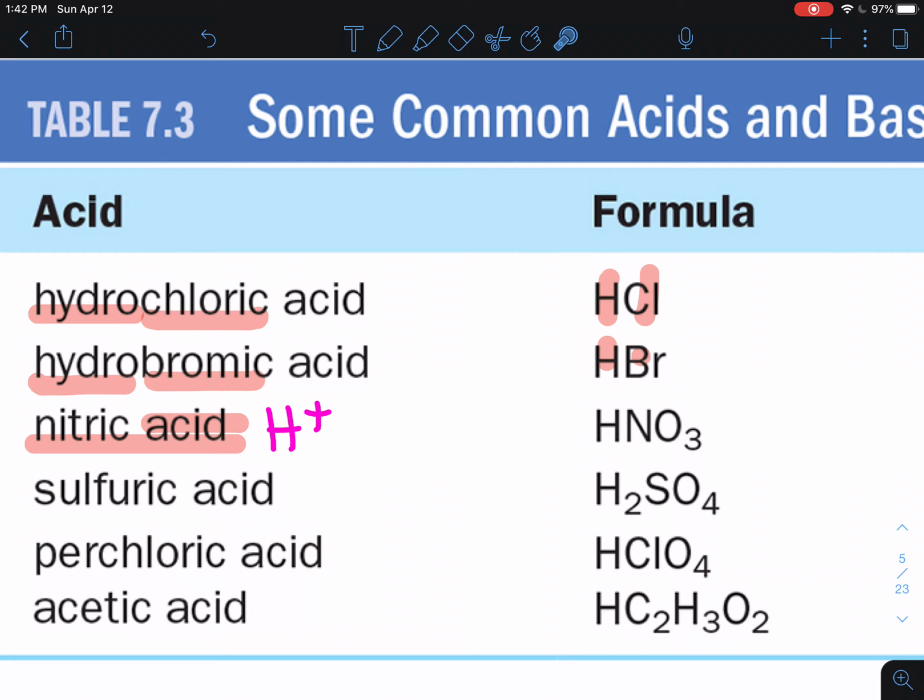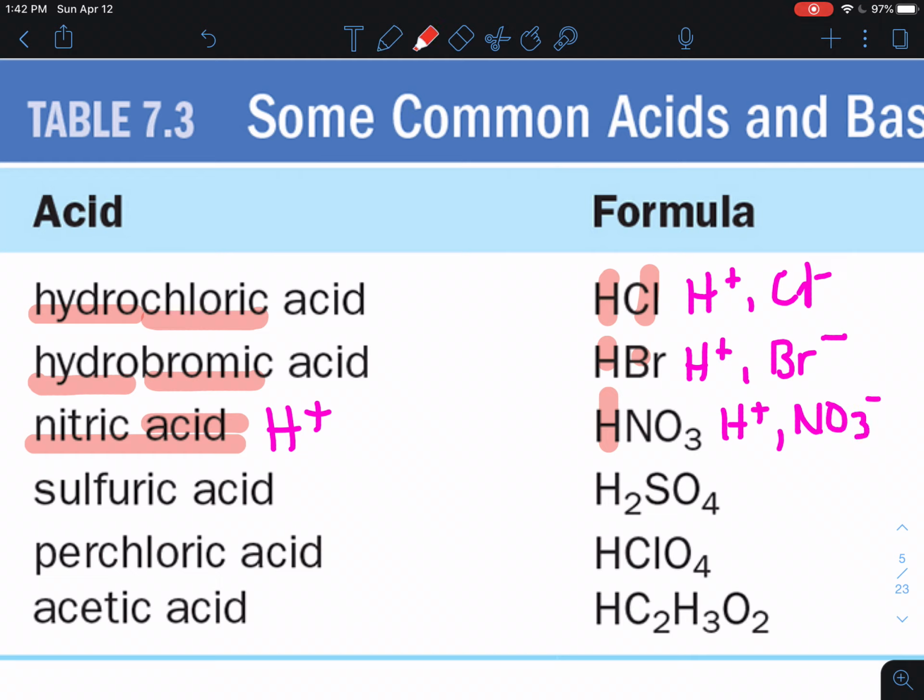The really important part for this one is H+. Also, I'm going to write next to these what they ionize into. So H+, Cl-. This is H+, Br-. This is going to be ionized into H+ and NO3-.